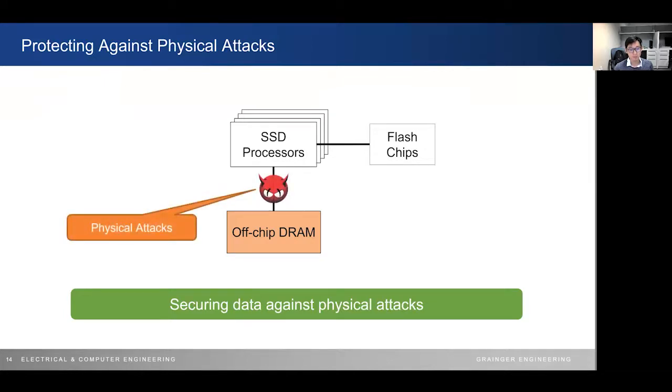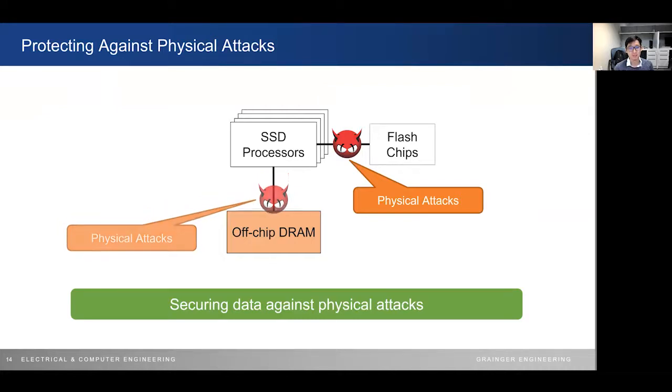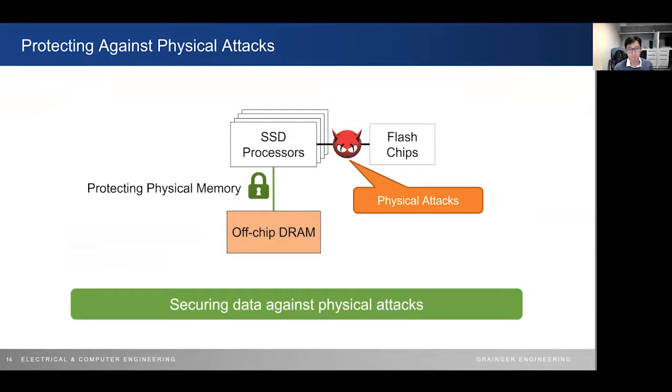So first, when the application wants to access data in the off-chip DRAM, the malicious cloud platform operator can conduct bus snooping or intercept the onboard signal to compromise the integrity and the confidentiality of data. The same thing can also happen when the application wants to read data from flash chips. Therefore, IceClave needs to protect against these two attacks. And the first thing is to protect the confidentiality, integrity, and freshness of data in the off-chip DRAM.